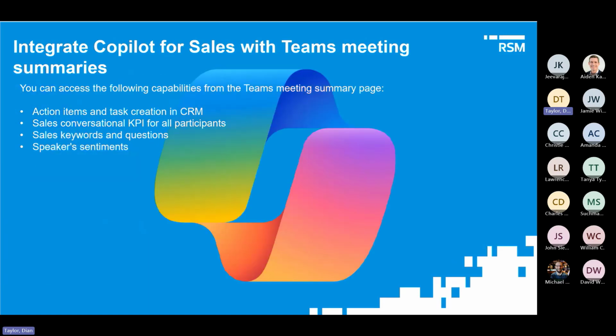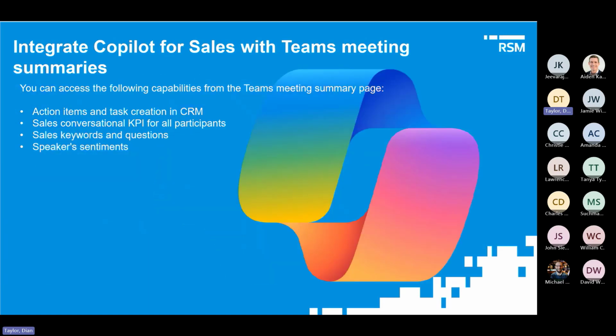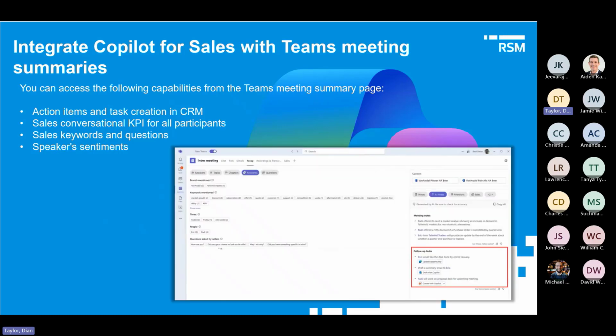All right, so another one is actually allowing us to access several new capabilities directly from the meeting summary page. Now, my assumption is that after a meeting is completed, the user will be able to see action items, right?